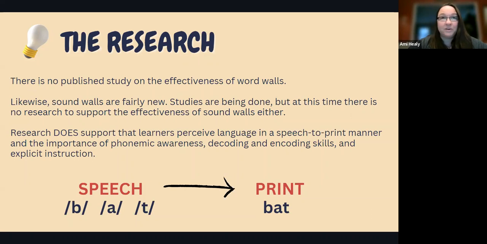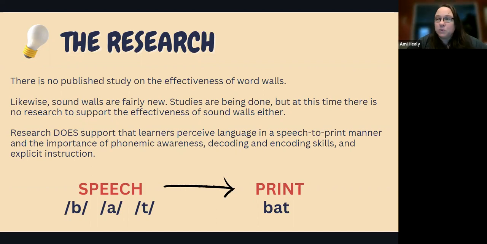Likewise, Sarah and I have both done training on sound walls, and many of you may implement them. Sound walls are a fairly newer concept. There are studies underway, but there's no research at this time to support their effectiveness, which is interesting.